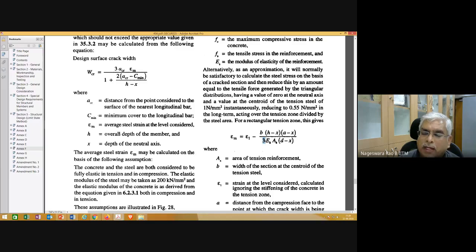It is 1 divided by 3, and 1 divided by 3 has the same units as FCTS divided by 2, that is Newton per mm square. So 3 has the units of the inverse of stress, whatever the units of stress, the inverse of that is the unit for this 3.